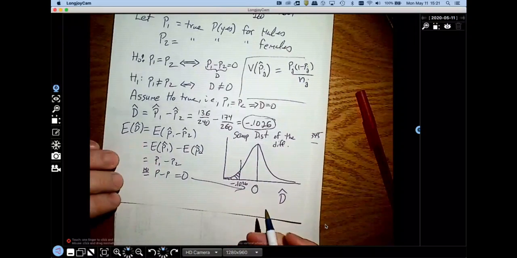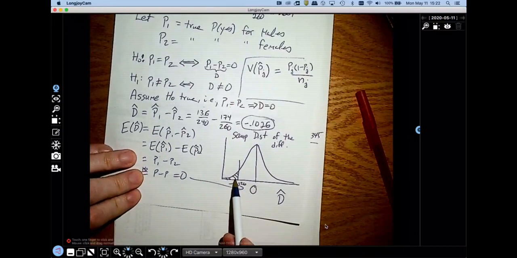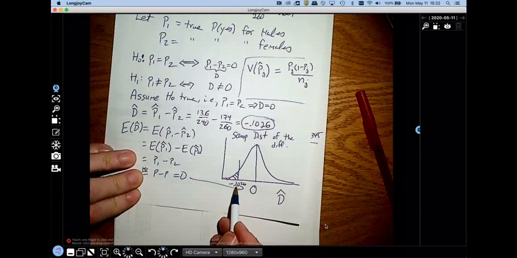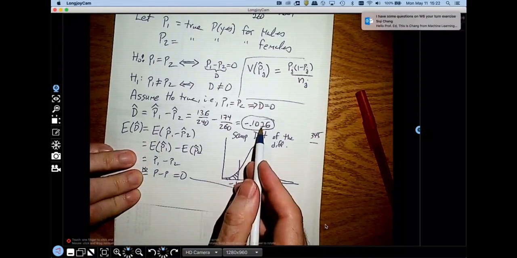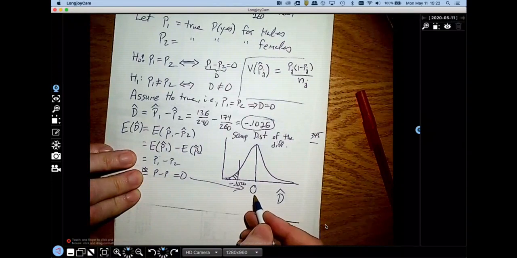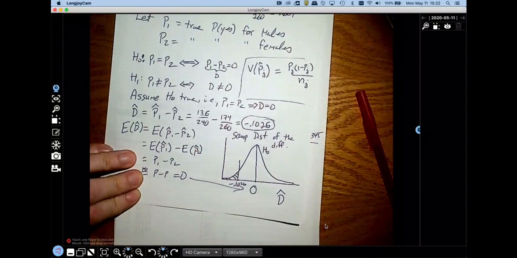Let's do a little thought experiment on this. If the area in this tail is small, what that would say is, under the null hypothesis, where the difference is 0, it would be very unlikely for me to observe two proportions that differed by this much or more. And therefore, I would call into question whether that difference is really 0. So this is the distribution under H naught.